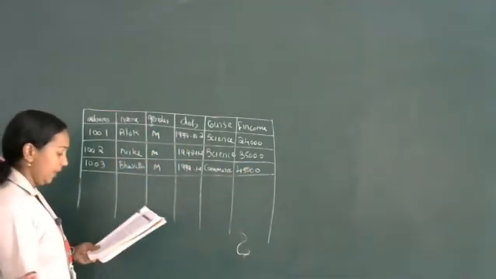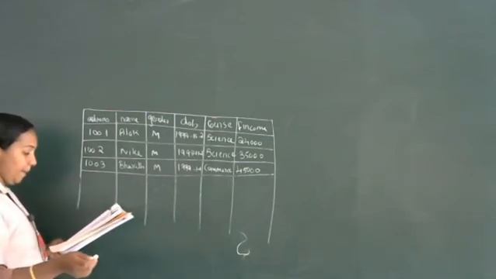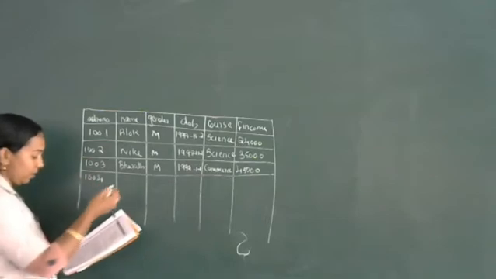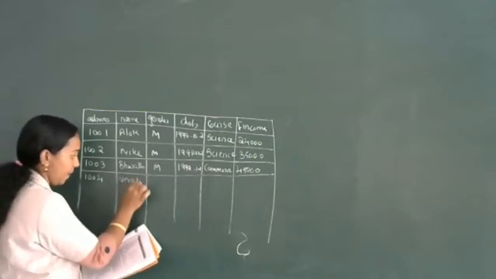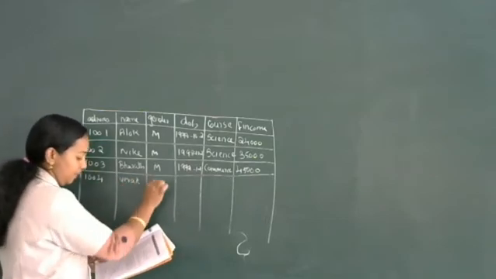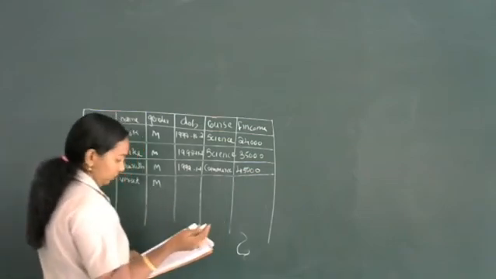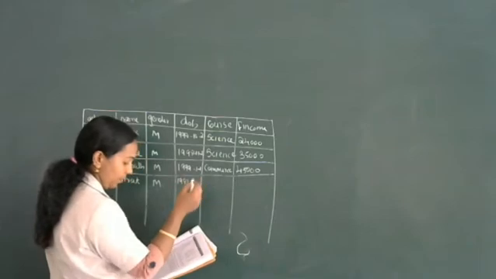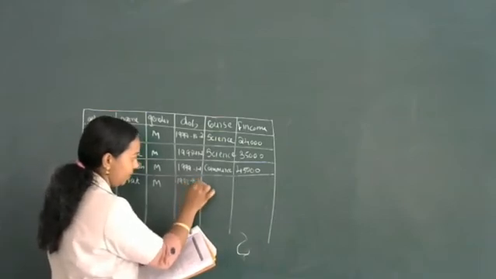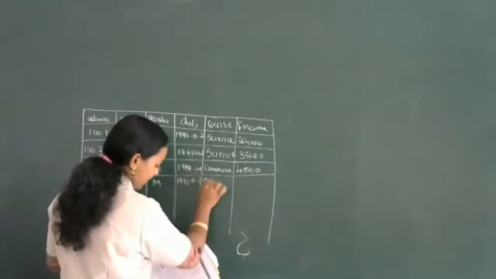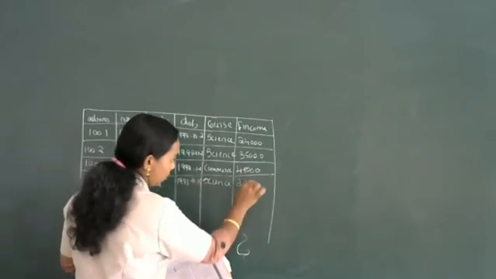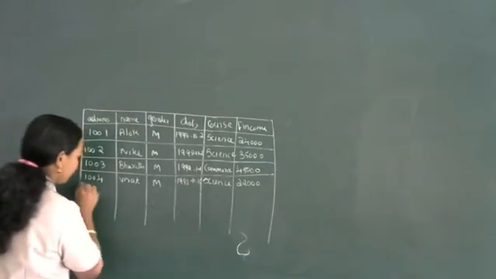Then next one, 1004, Virat, M, 1998, science, family income 22,000.